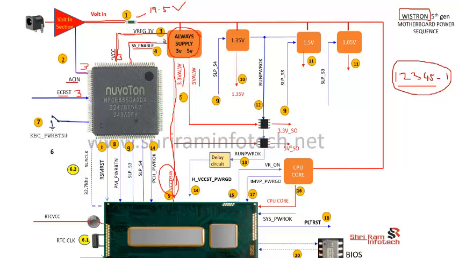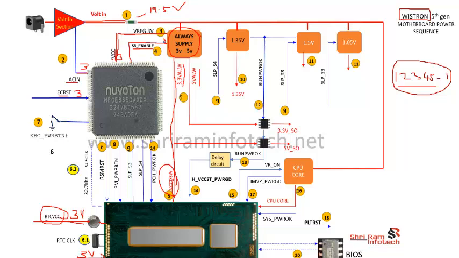But before that, the SIO needs 2 more signals. One is RTC VCC. This is the CMOS battery, it needs this 3 volt RTC VCC. So here you should get 3 volts, and the next signal it needs is RTC reset. Here also it needs 3 volts. Then only the CPU will respond.